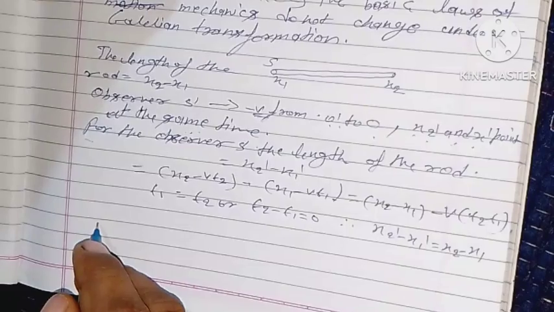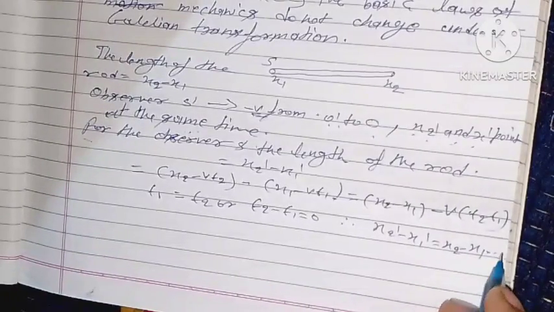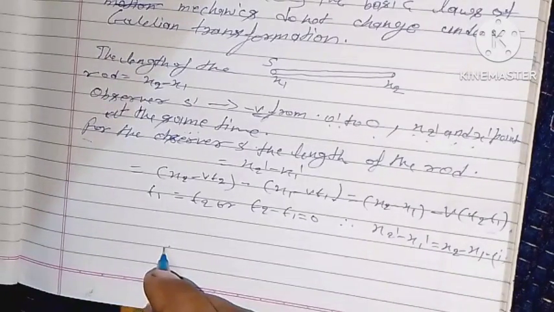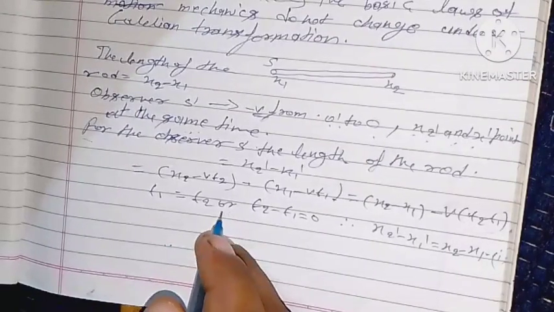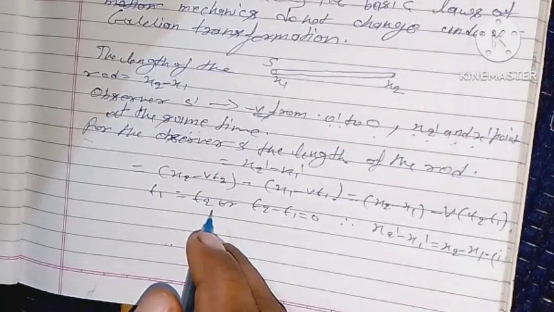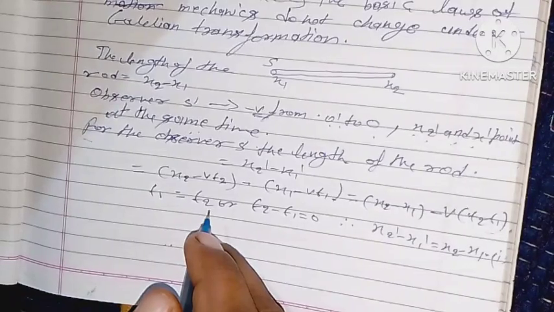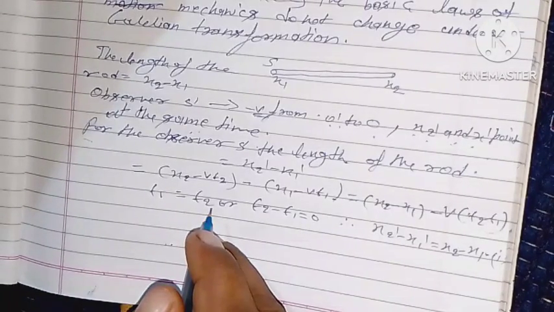This is the first relation. It shows that the space interval, or the distance between two points, is invariant under Galilean transformation.